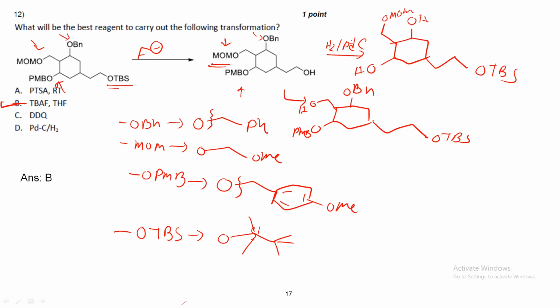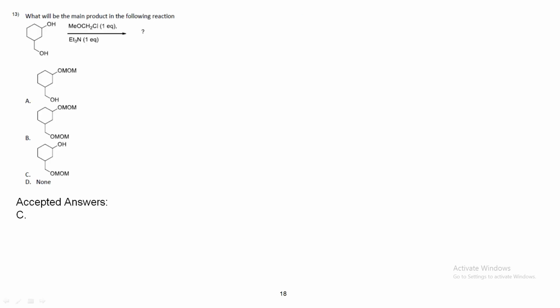I hope you have understood. So this is the next problem. Again, it's just a MOM protection with triethylamine and two equivalents. Here the question is the selectivity, primary alcohol versus secondary alcohol, and here you can just think of the steric interaction.